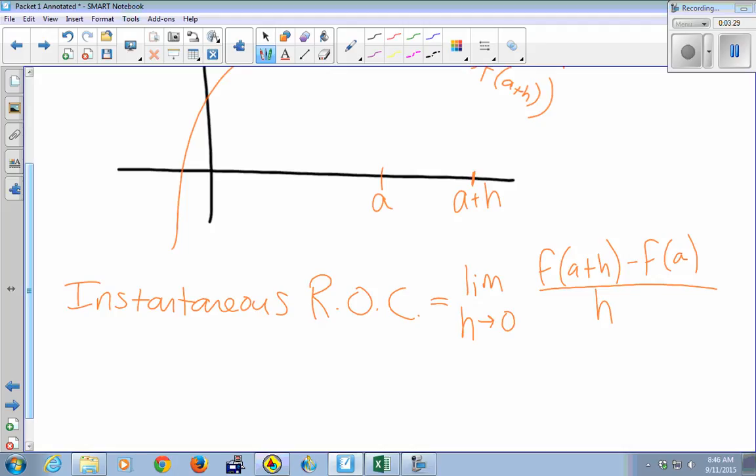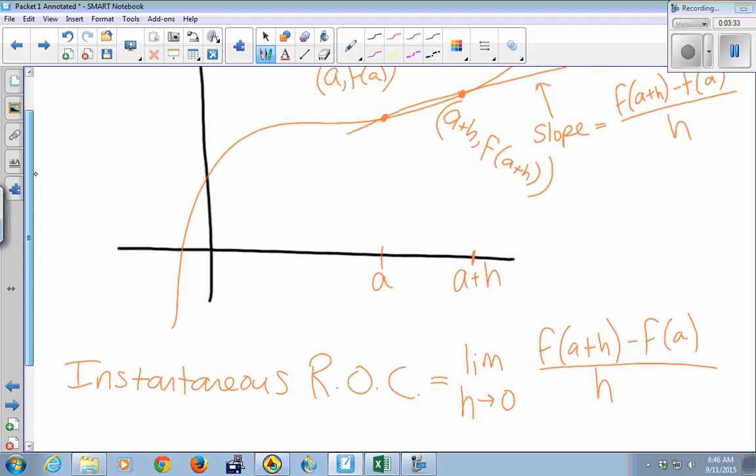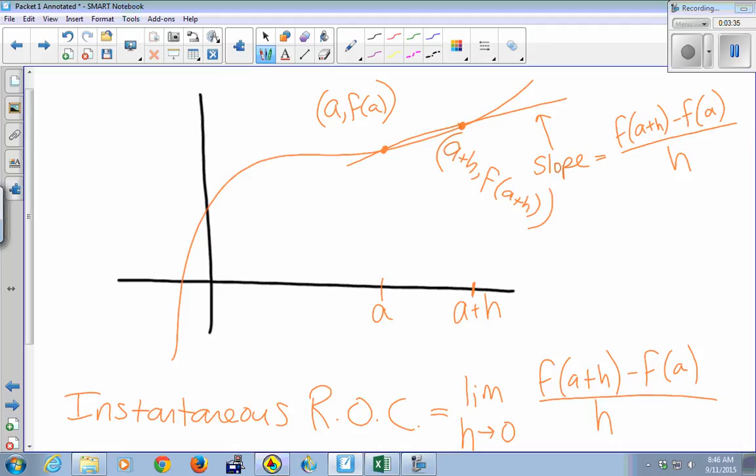That's the instantaneous rate of change, and it is the slope of the tangent line at a. Because as h gets smaller, as this distance gets smaller, the 2 points on the graph get closer and closer and closer to each other until you have a tangent line at a.